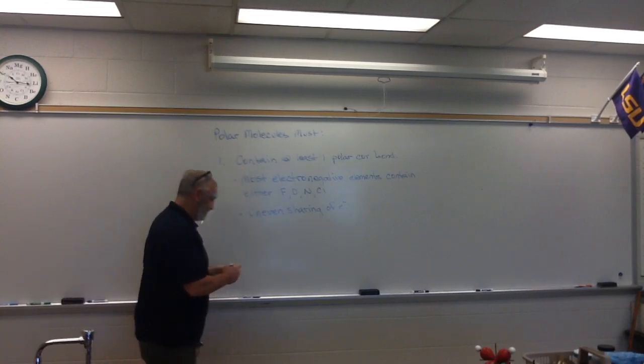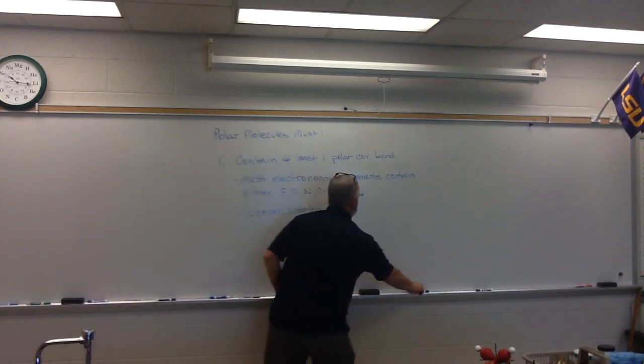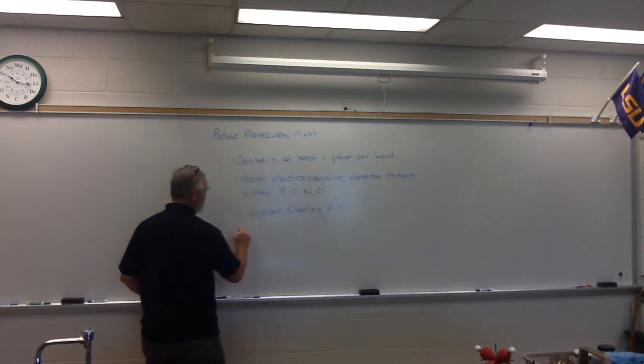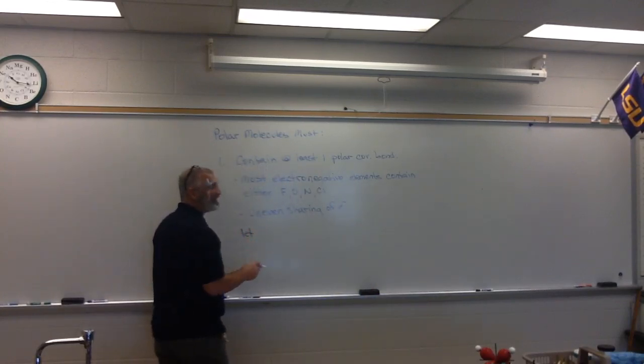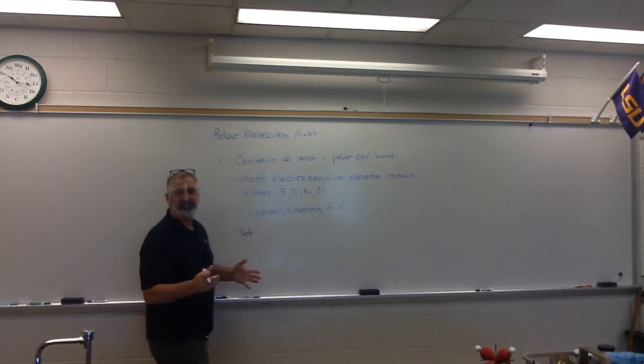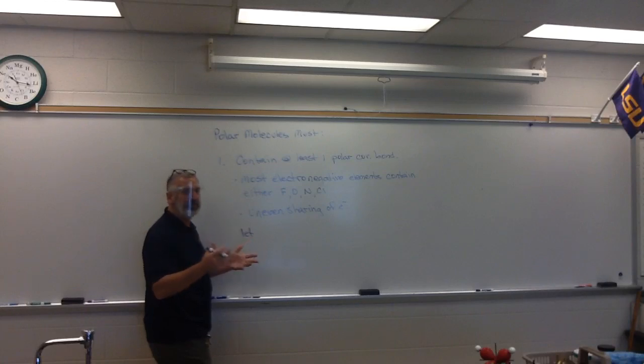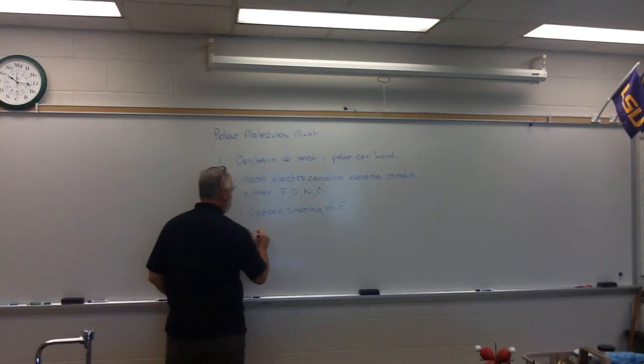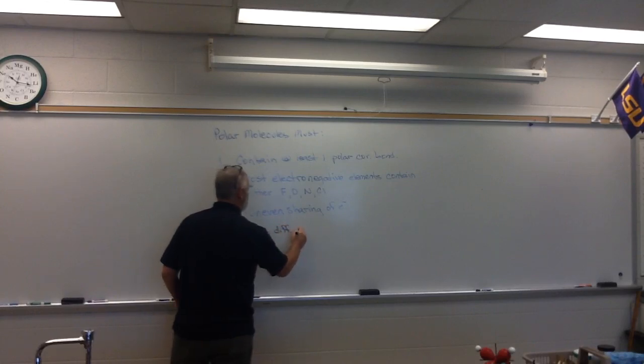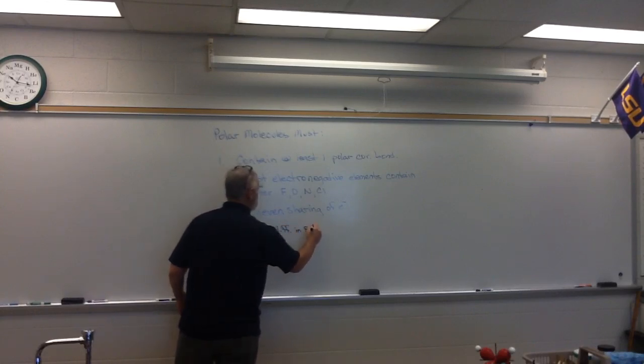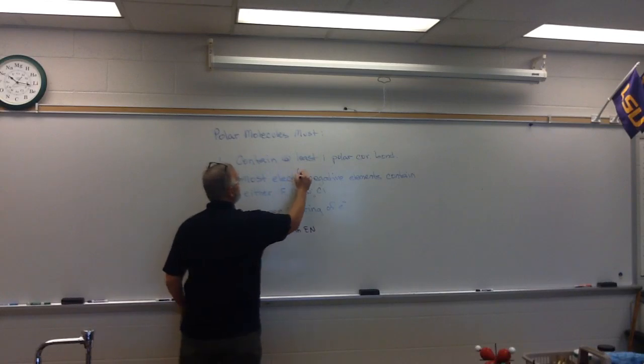Now there is a scale that we use. You're not going to know the exact electronegativities because the generic periodic table you have doesn't have them, so we only know trends. But generally speaking, let X equal the difference in electronegativity, EN.